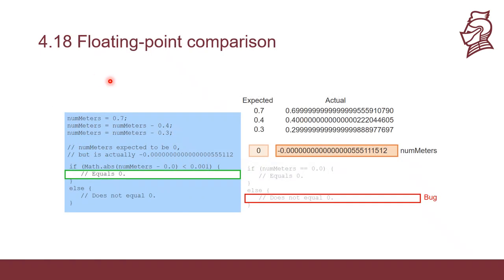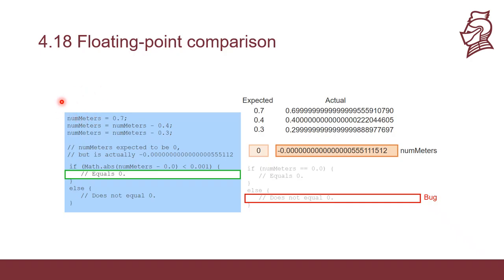So this is important. Floating points can't be directly compared for equality using the equal sign. And I'm going to show you why. So if we look at this code, we have numMeters equals 0.7. Okay, so we're setting numMeters equal to 0.7. So numMeters is probably a double, right?